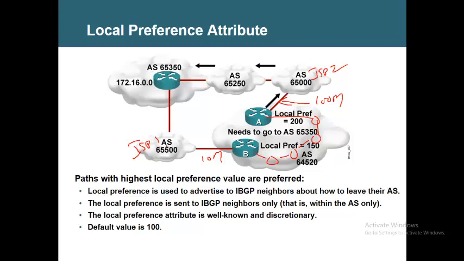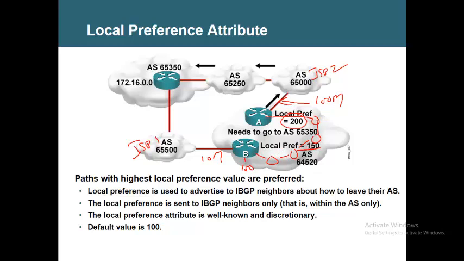And what I need to do is go and increase the local preference value more than what you have in B. In B, the default is 100. And in this example, in B, they have configured it as 150. So if you want to exit on A, then you need to go and increase the number more than 150.